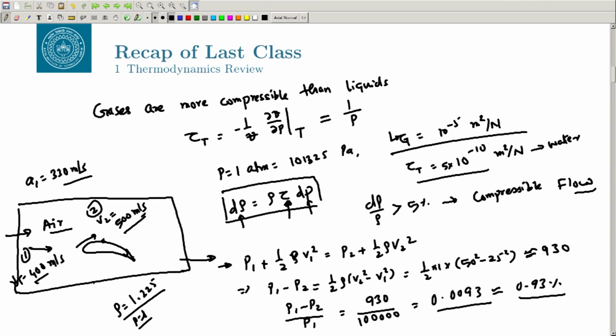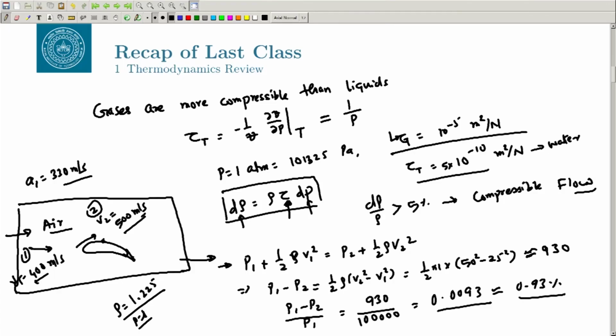So, these are cases of high Mach number, and you cannot use Bernoulli's there. You can use the Euler equation there to find out the change in pressure due to the change in velocity, and you would find that this d rho is very high in that case, much higher than 5%, and you cannot ignore the change in density.